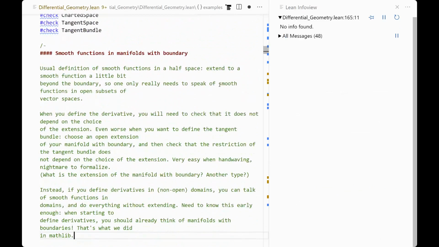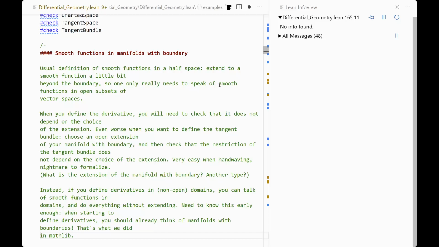Okay, and then there's a comment on smooth functions. So if I actually have a manifold with boundary, then what does it mean for a function to be smooth at a point on the boundary? Because of course, then this is mapped to some point on the boundary or in the corner of your model space, and it's kind of unclear what it means to be smooth at a point.